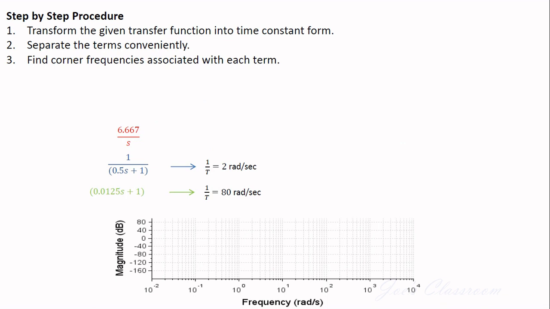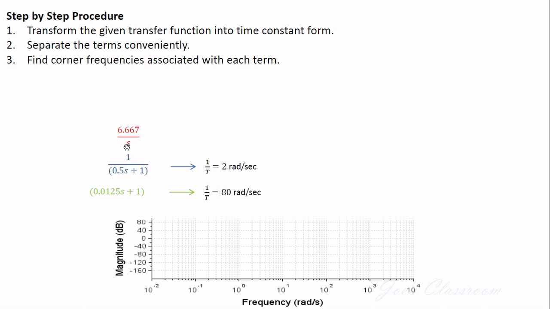And the third step is to find out the corner frequencies. The corner frequencies are very important, because they are the frequencies at which the slope is going to change. The first term is going to be a straight line throughout the frequency range, and therefore there are no corner frequencies associated with an integrated term or a differentiated term, or terms with poles at origin or zeros at origin.